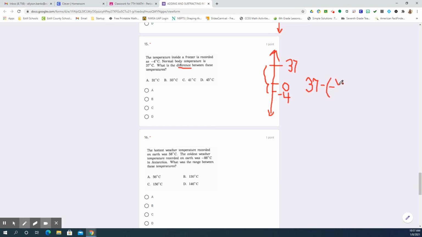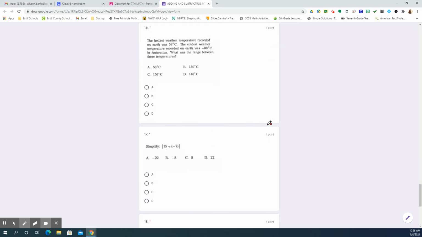And that's how you end up adding, because you add the opposite when you subtract integers. Sorry, that's a 4. So when you do that, you add the opposite, and so it becomes 37 plus 4, which is going to be what? One of your answers here.